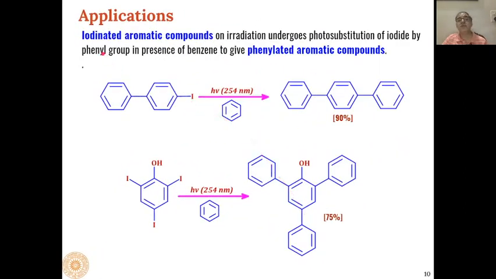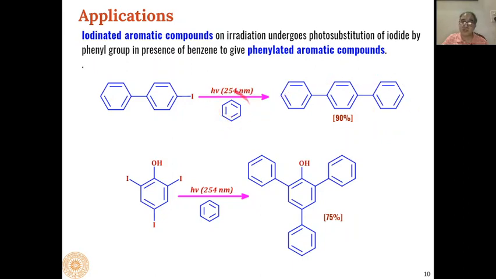Now some examples of different types of photosubstitution reactions. The most common example is in the case of iodinated aromatic compounds when they are photoirradiated with a particular wavelength. For example, when we irradiate this with a wavelength of 254 nanometers in presence of benzene, it will be converted into phenylated aromatic compounds.